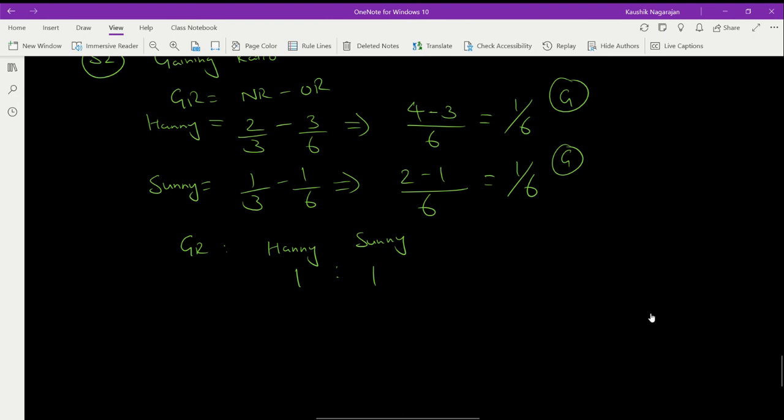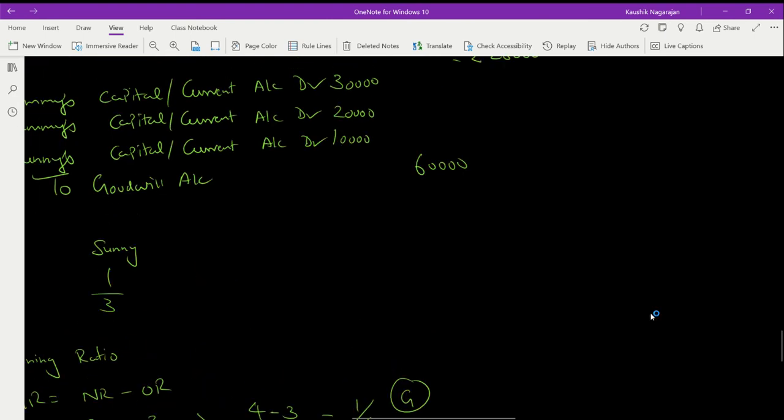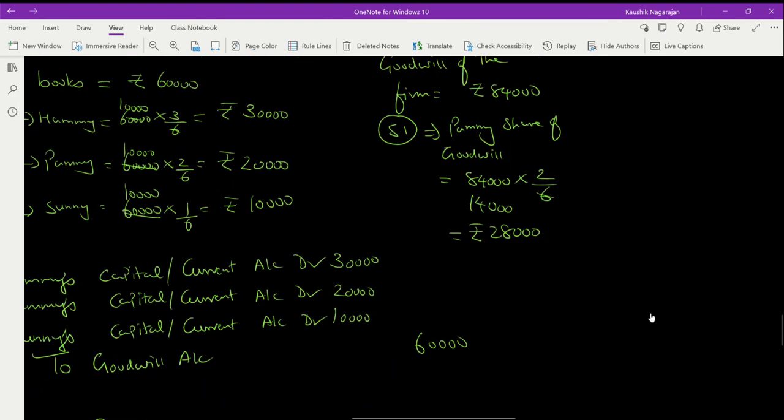So now the amount which we have calculated as a settlement for Pammy is 28,000. This 28,000 will be paid by the two partners, that is Hanny and Sunny, equally.